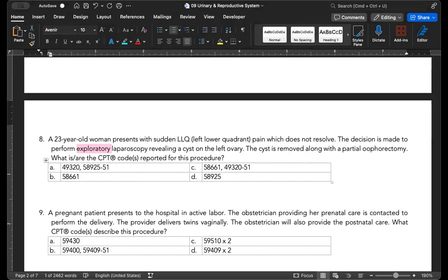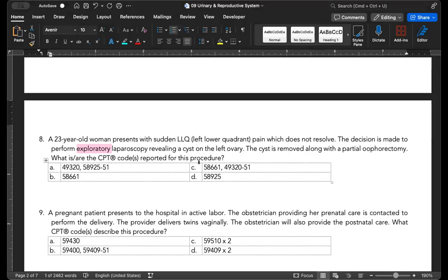Hang on, sorry, I'm trying to make sure I'm saying this right. Yes, sorry, I was reading the answer key wrong.